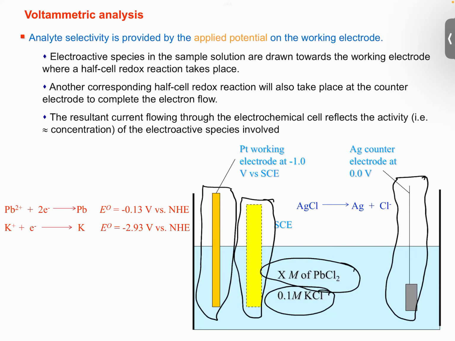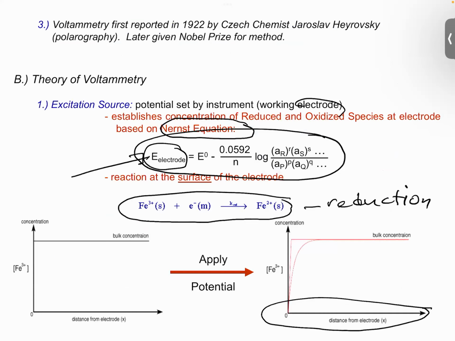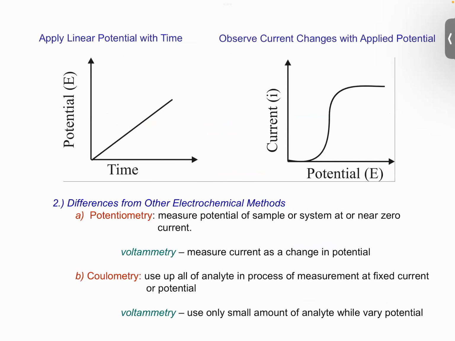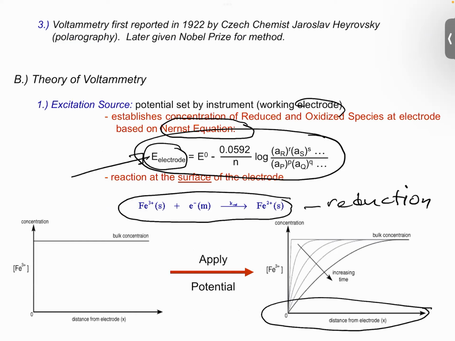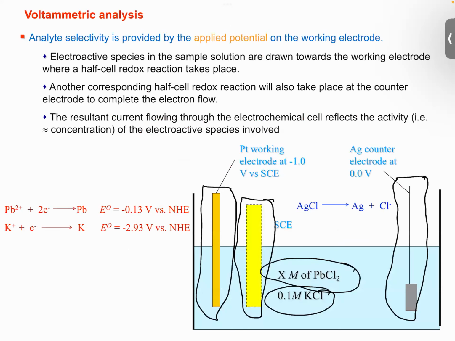So this is what happens in voltammetry. If you remember the electrolytic cell, not hydrolytic, electrolytic cell, you have to supply potential for the reaction to happen, and that reaction will produce current. This goes back to what we studied in undergraduate, probably during school time.